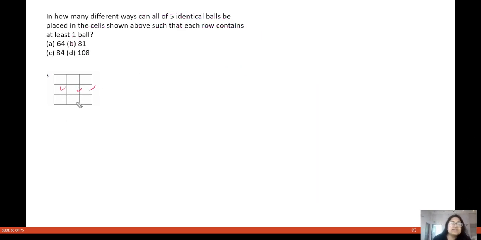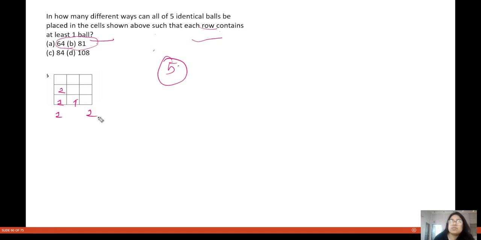So you have rows 1, 2 and 3. Let us start with this. You have 5 identical balls placed in the cells shown above, such that each row contains at least one ball. In how many ways can you do this? Each row has to contain a ball, so either you can place one ball here, one ball here, one ball here, and one ball anywhere.